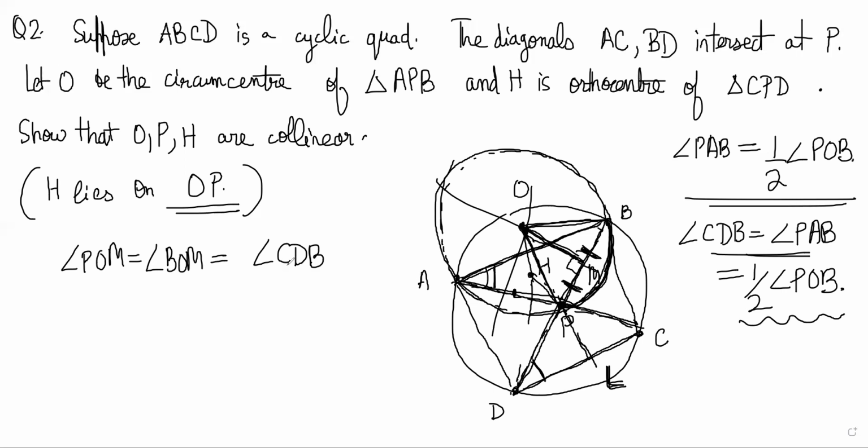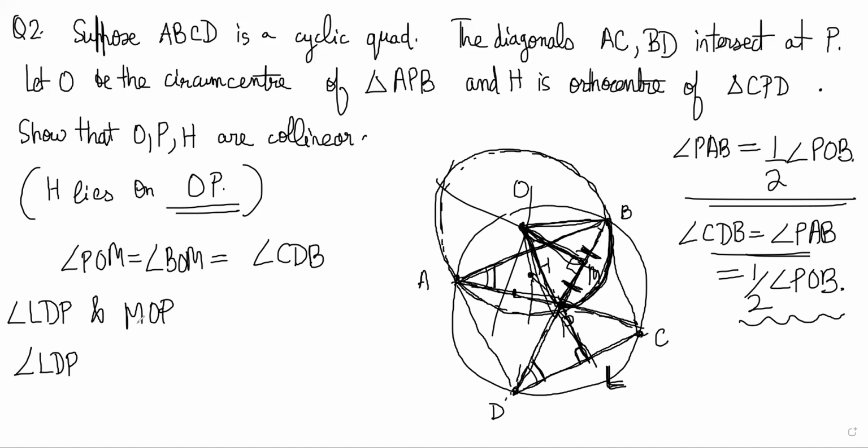So we have this result here, and we also have the fact that if I draw this 90-degree altitude from P, then we have triangle LDP and triangle MOP. We have angle LDP, this angle, which is CDB only.